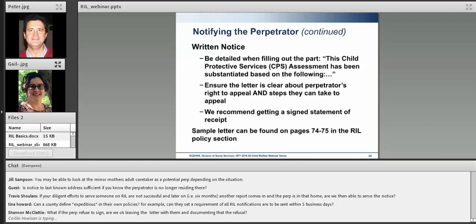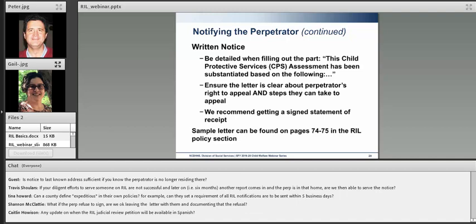A couple paragraphs, you just have to put them on notice about why you made the decision that you made. And then of course the letter has to be clear about their right to appeal and the steps they can take to appeal. And we recommend getting a signed statement of receipt. Sometimes they don't want to do that, and that's fine. You can note that they refused to sign and then move on.